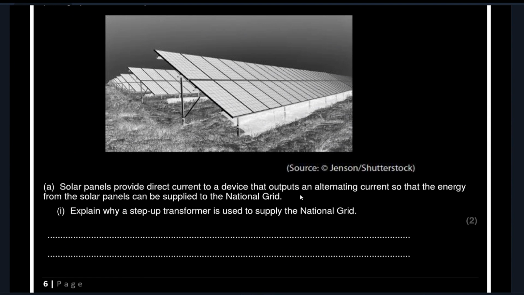So explain why a step-up transformer is used. A step-up transformer reduces current and also increases voltage. In that way, it's going to reduce the heating effect in the wire in the process of power transmission.